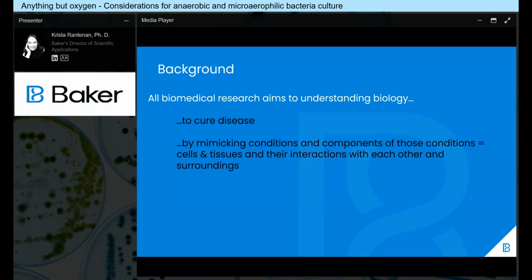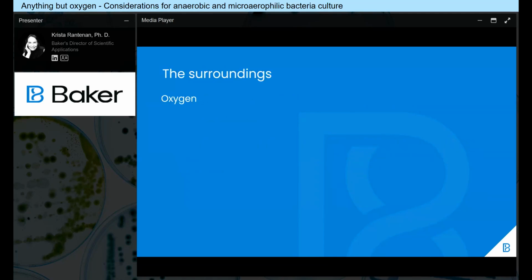So we can't just take the microbes, or we can't just take the cells of, for instance, the gut microenvironment to understand what goes on in there. We have to understand the interactions properly, and the surroundings where this works and is greatly affected by. And something that is very often overlooked is oxygen, okay?